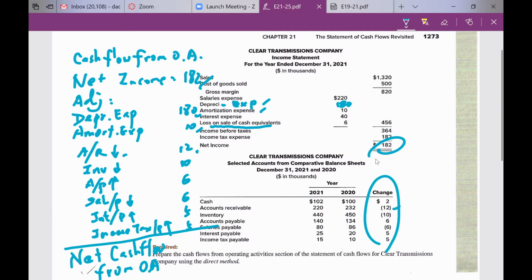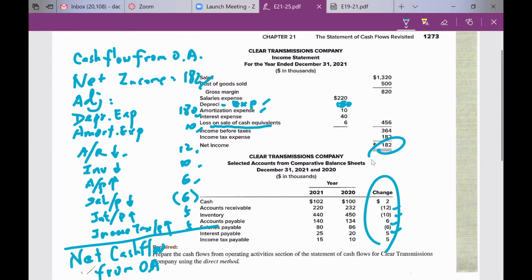Inventory also decreased by 10. A current asset decrease means we add. Accounts payable increased by 6. A current liability increase means you add. Then salary payable decreased by 6. A current liability decrease means we subtract the 6.